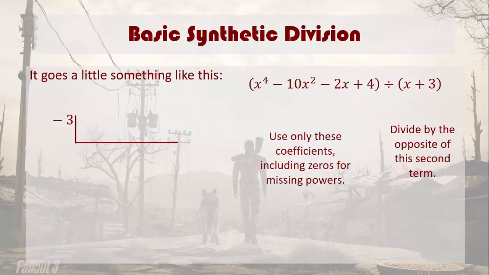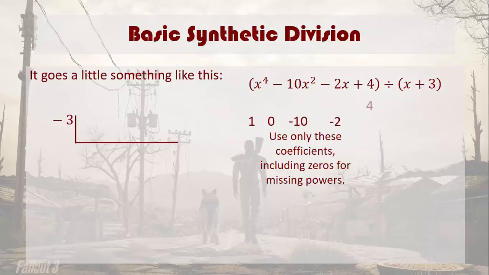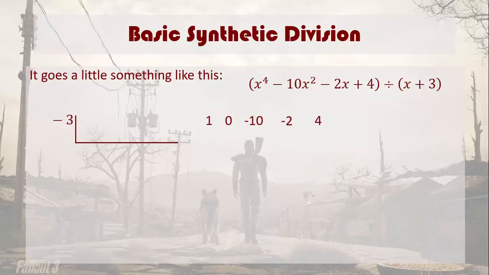Take all the coefficients, remember that x to the third wasn't there, so we put a 0 in, and put those in the other part of the box. Now what you do is drop the very first number, that 1. Drop the first number, which is 1.